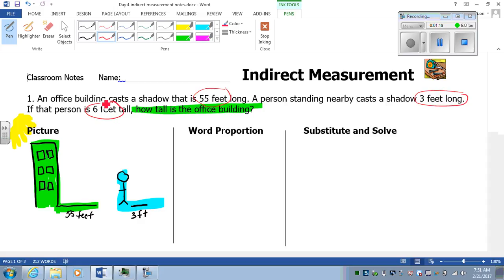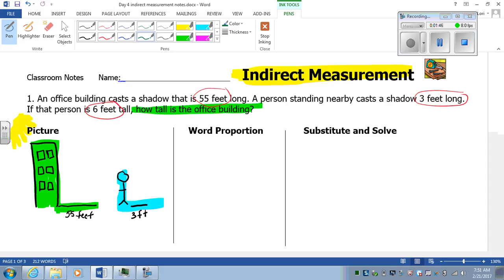So why are we talking about indirect measurement, and what does that mean? Well, what it means is this. We can use indirect measurement as a way to estimate the height of things that are practically difficult to measure. For example, if we were looking at this building and we were asked to tell someone how tall is the office building, how would you do that?